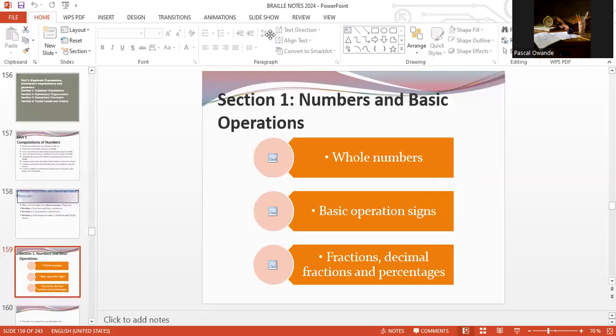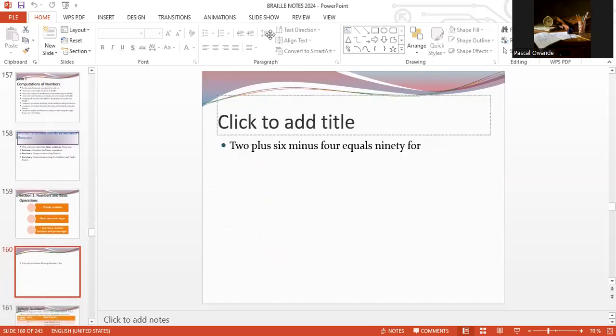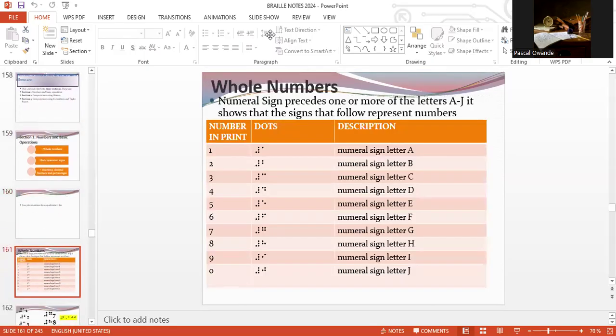And here we look at whole numbers. We will also look at basic operation signs. We'll look at fractions, decimals, decimal fractions, and percentages. At the same time, it's good that we first of all look at all numbers.